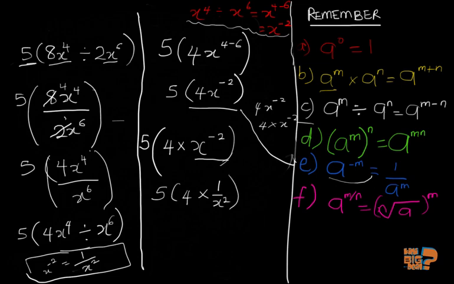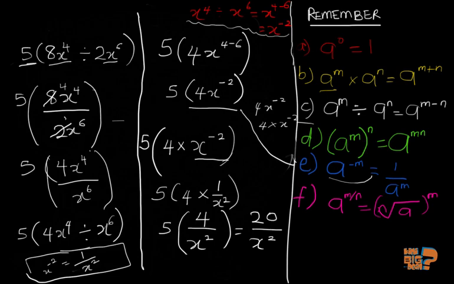Now, I'm not treating you like a baby, but 4 times 1 over x squared is the same thing as 4 over x squared. Don't forget, we still have our 5 here. Okay? So what happens? Your answer is 20, 5 times 4 divided by x squared.